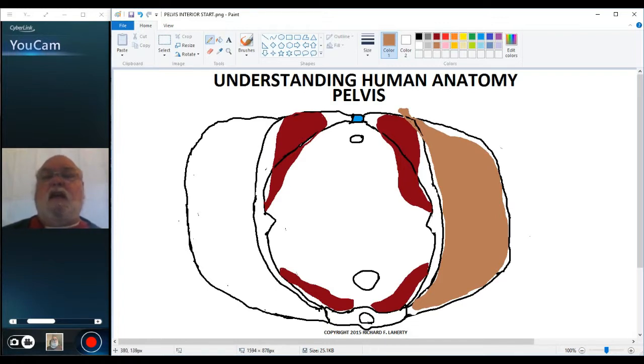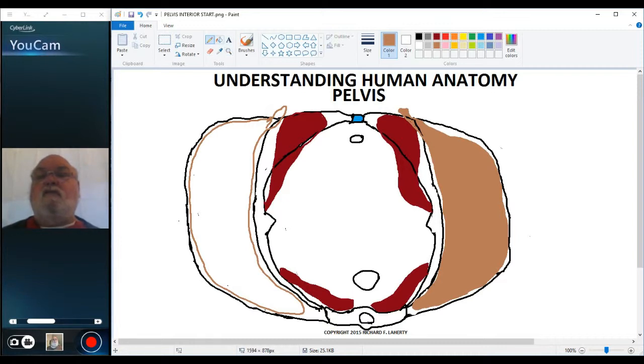Let me draw the iliacus in on the other side. Again, taking origin from the inside of the expanded iliac wing, and its fibers then passing over the superior pubic ramus to insert onto the femur.